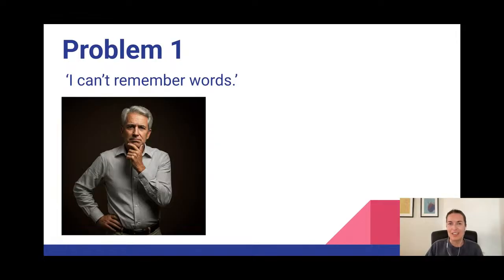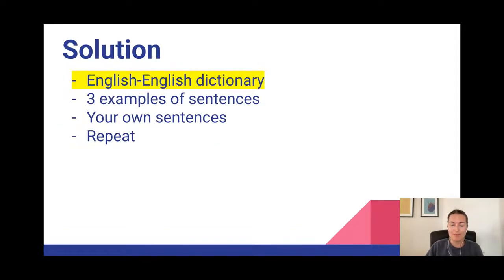So it's a very common thing, and I've got a few different solutions to that. So the first solution is using an English dictionary. So whenever you are learning new words or new phrases in English, don't just check the translation in your language.